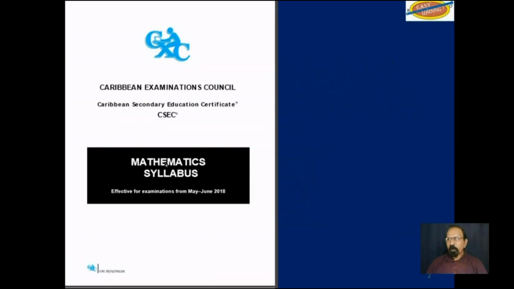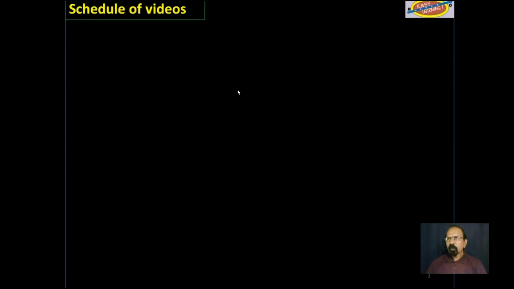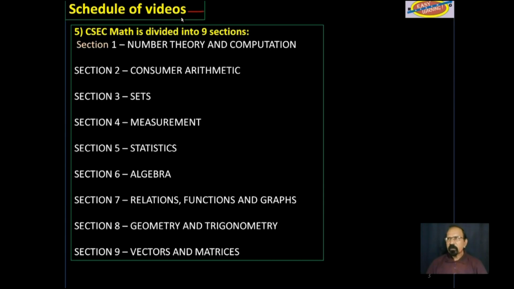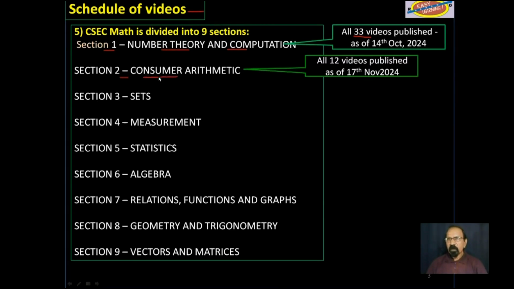We continue with the mathematics syllabus for CSEC 2018 to 2027. Schedule of videos. Section 1, Number Theory and Computation. All 33 of those videos have been published on YouTube in their entirety. Section 2, Consumer Arithmetic.